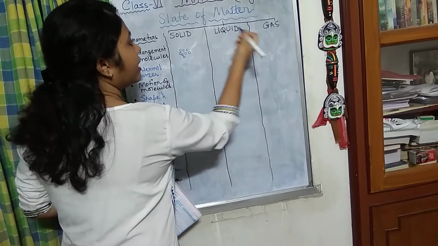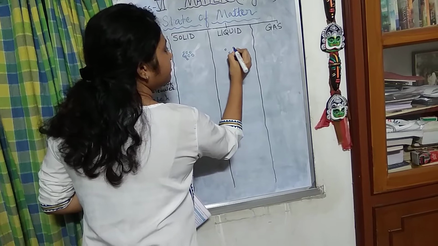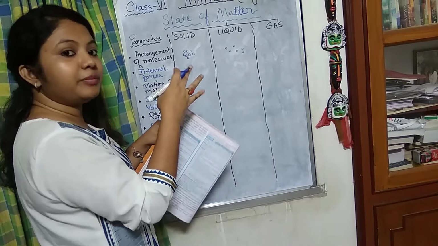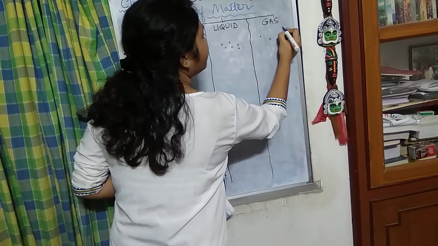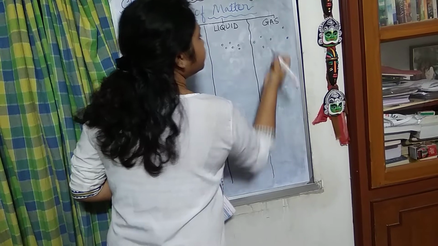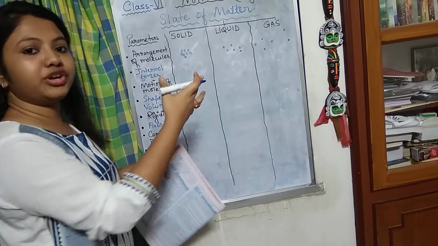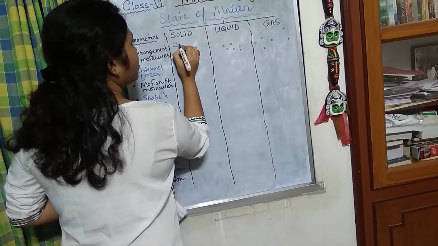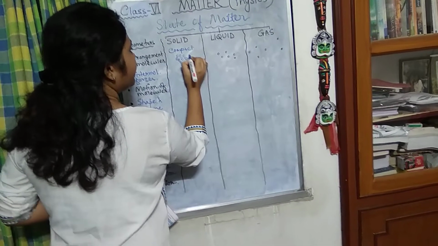Now when we draw a liquid, the molecules will be farther apart. In the case of gases, they are even farther apart. So we can understand from there that in the case of a solid, the arrangement of molecules is compact, or we can say tight.